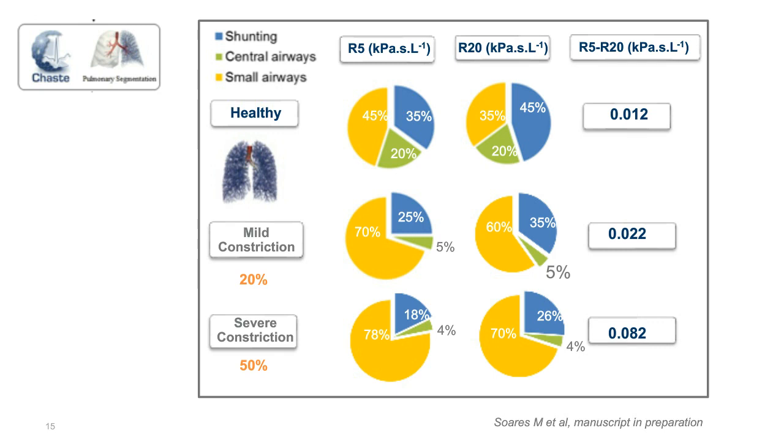However, when you start to see bronchoconstriction or remodeling in the lung, particularly when it's severe, you can see that the small airways then dominate the contribution to both R5 and R20, but more so to the R5, such that when you look at the difference between R5 and R20, so the R5 minus R20, you can see that there's this increase across the spectrum of bronchoconstriction, from healthy lung to mild to severe disease.